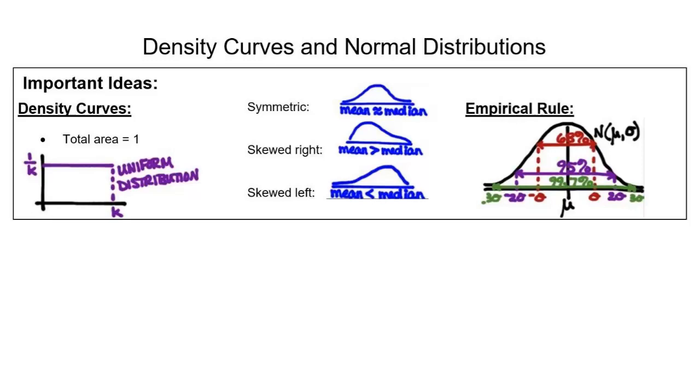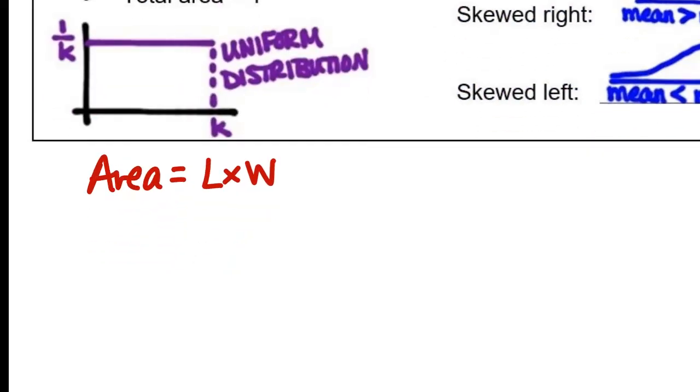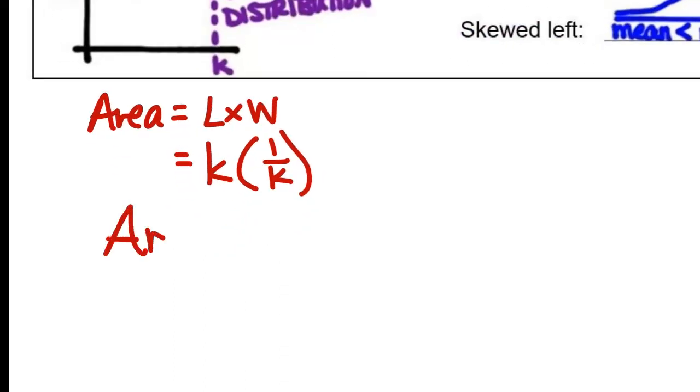How do you find the area for a rectangle? Yeah, length times width. So if I do my length of k times my width of 1 over k, gives me an area of what? 1. That's why we have an area of 1 underneath this uniform distribution.